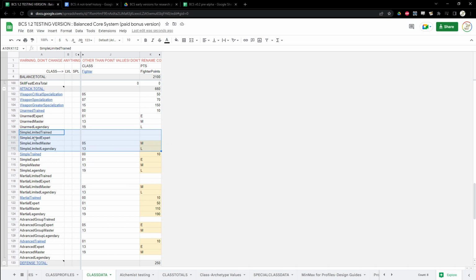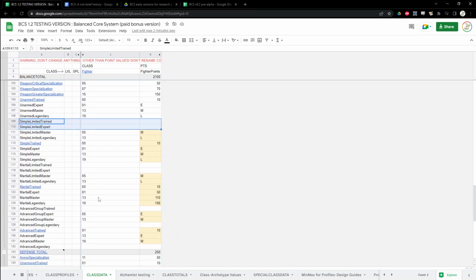Well, that's what this is for, simple limited. The wizard gets trained in simple limited. And that's just a way of denoting that it doesn't have full simple, but the cost is the same. So the wizard still pays 10 points for simple limited trained. It seems like a bit of a jip, but I can understand from a balance standpoint how it works.